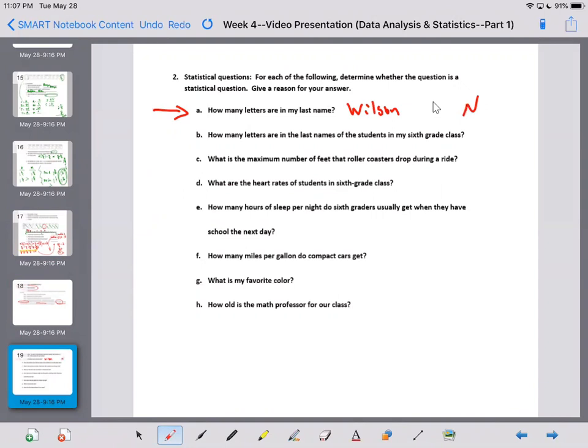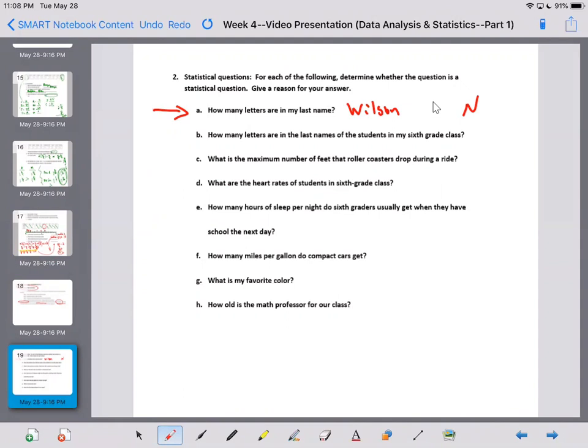Now, how many letters are in the last names of the students in my 6th grade class? So maybe I have rotating classes. Maybe I have 4 classes of 20 kids in each, or maybe I have 5 classes of 20. Now I've got 100 kids, and how many letters are in the last names of the students?